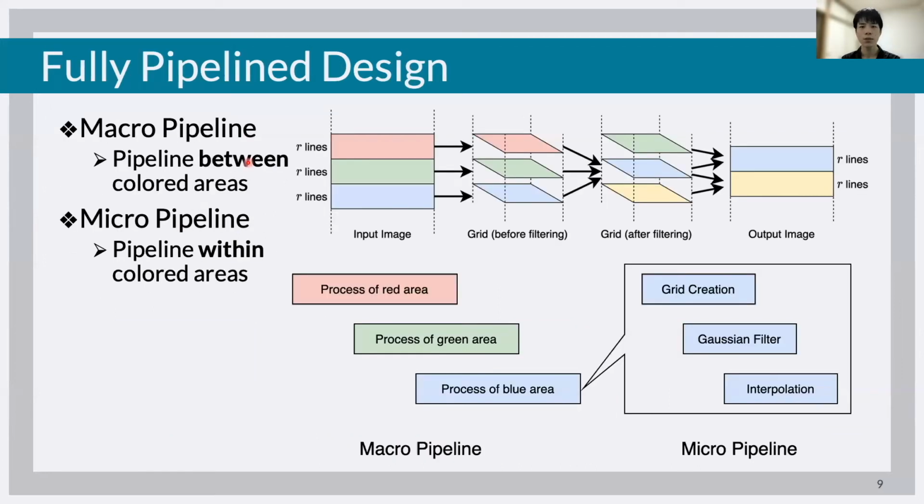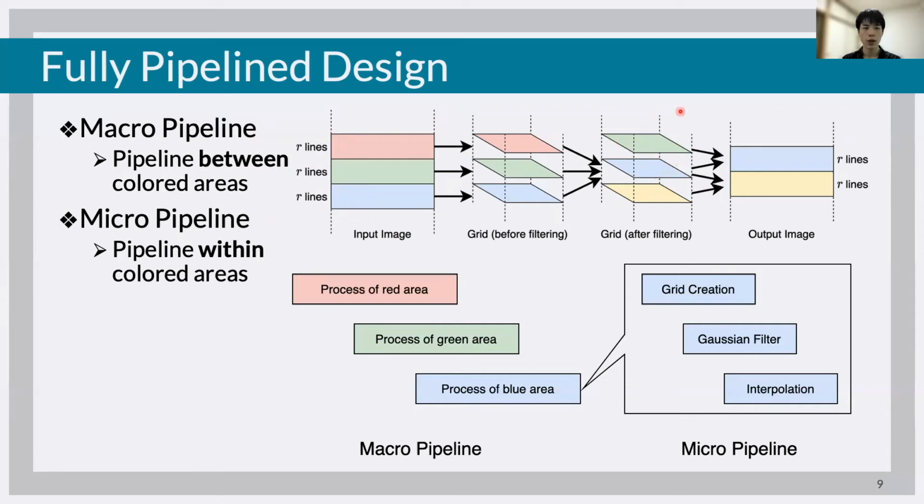We solve the complex dependencies and utilize a double pipeline method, macro and micro pipeline. First, we found that the areas with the same color are one group, and the data dependencies are shown as the arrows. Let's say the red and green areas are completed, for example. In order to complete the blue area, we need these green and blue areas in the grid after filtering.